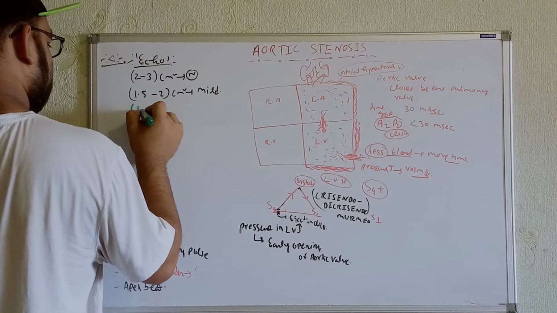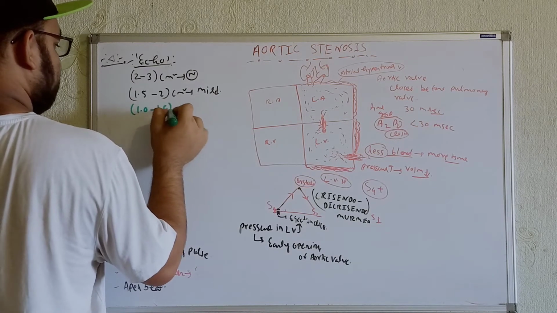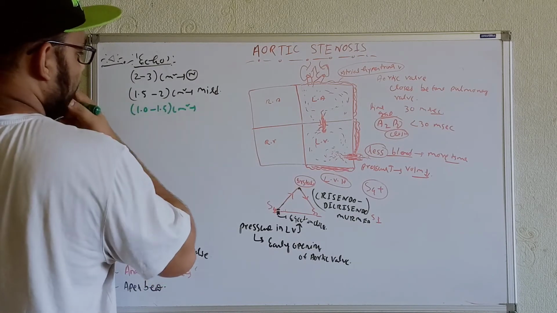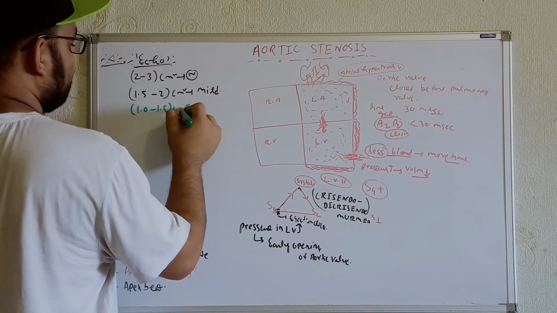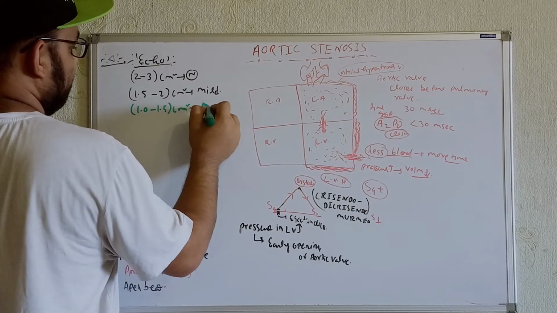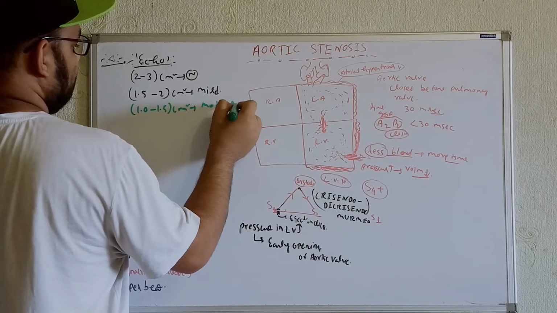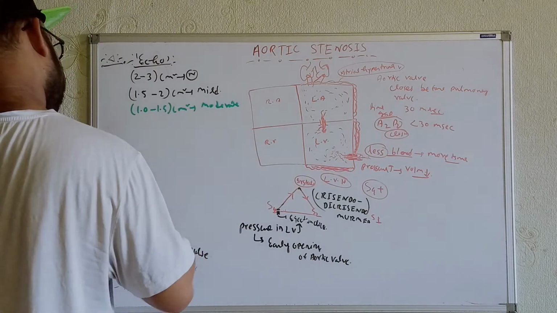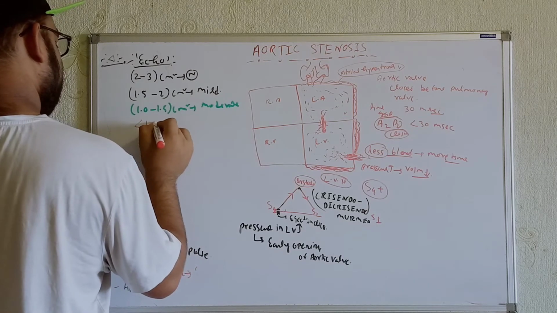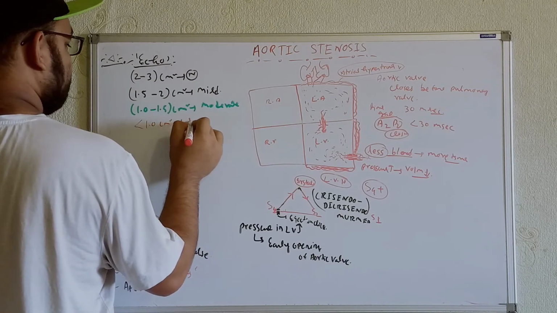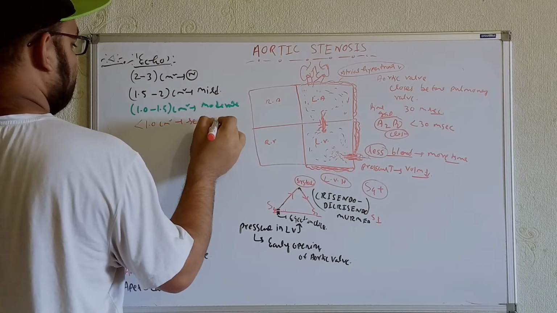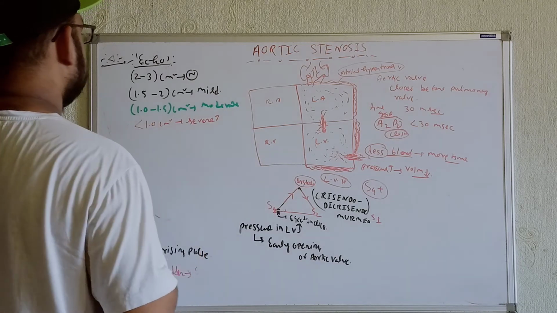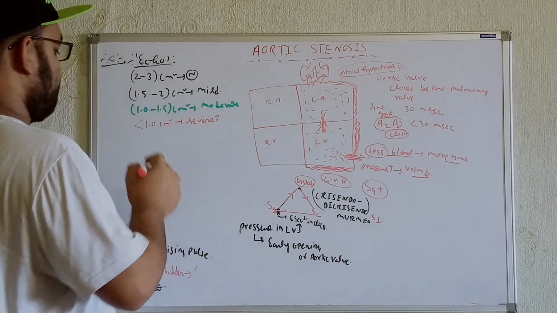And if we get 1 to 1.5 centimeters square, that can cause moderate aortic stenosis. And if we get less than 1 centimeter square, in these cases it will be severe. Okay, so that's as far as the echo findings are concerned.